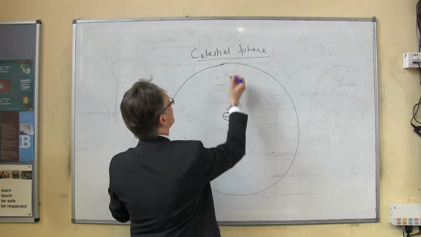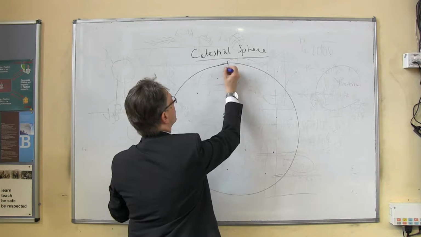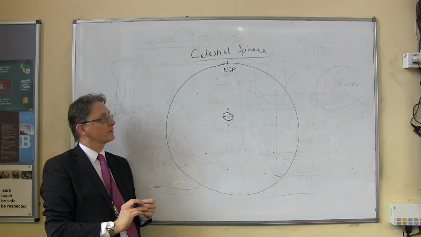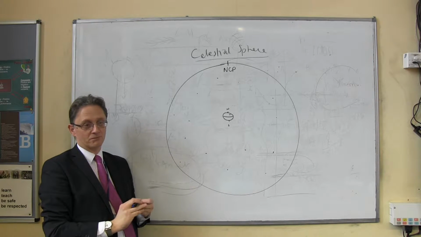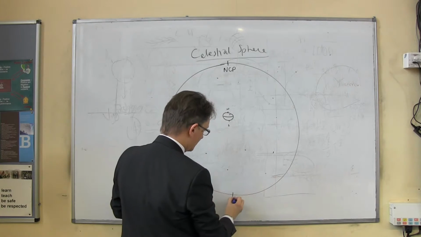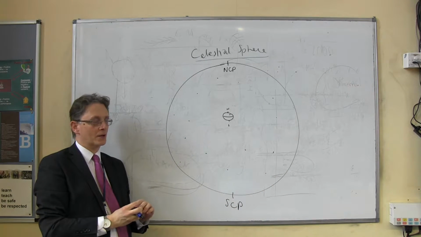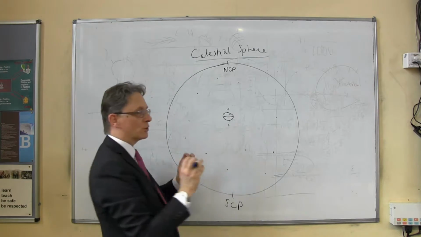Now, to make the celestial sphere easier to manage, we mark in its North Pole, which is unsurprisingly called the North Celestial Pole, all right? And down the bottom, directly above the Earth's South Pole, is the South Celestial Pole, okay? Then what we do is we push out the equator.